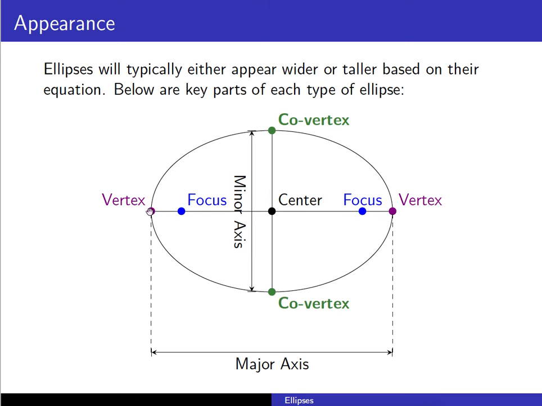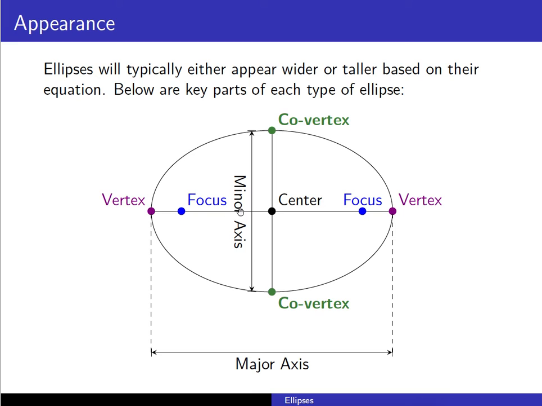The distance from one vertex to another is called the major axis. Perpendicular to that is the minor axis. If it's a wide ellipse, the major axis runs left and right, and the minor axis runs up and down. If it's a tall ellipse, it's the opposite: the major axis is up and down, and the minor axis is left and right.